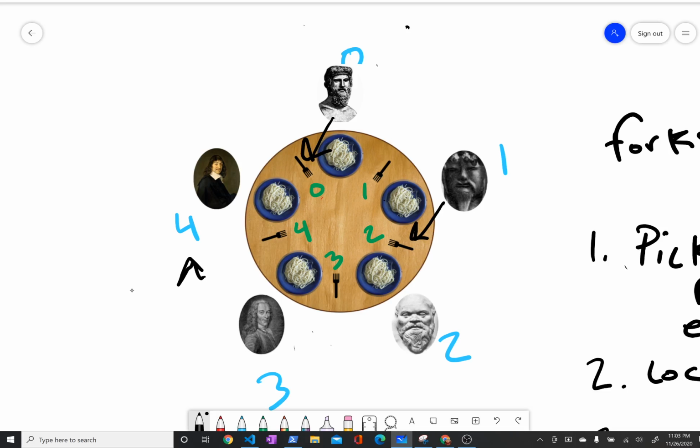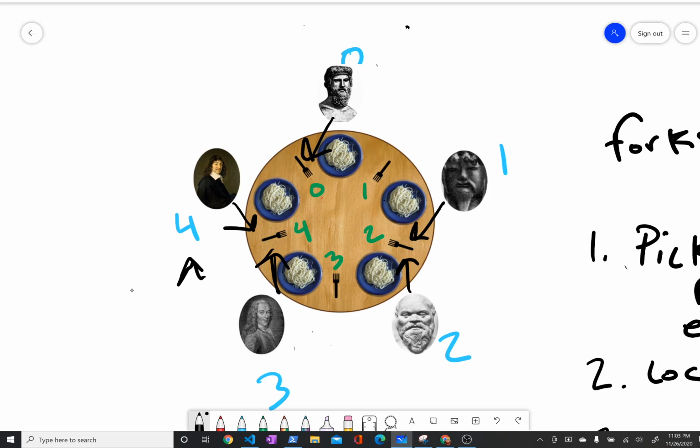So 0 grabs 0, 1 grabs 1, 2 is going to try to grab 2, 3 is going to try to grab 4, that's the next philosopher, 4 is going to try to grab 4. So what this is doing is guaranteeing that there are multiple people trying to get the same forks. And I should add that basically I have a lock for each of the forks.